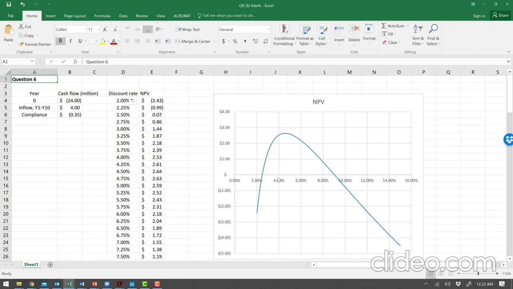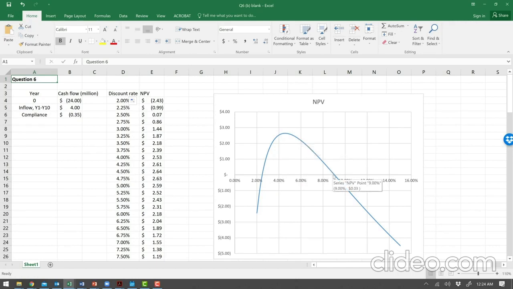Our first initial starting point was 1%. And the numerical algorithm that solved this equation converged to the first solution here, which was 2.48%. But if we started from a different initial guess, anywhere to the right from this hump, say at 6%, we would have converged to the second IRR.